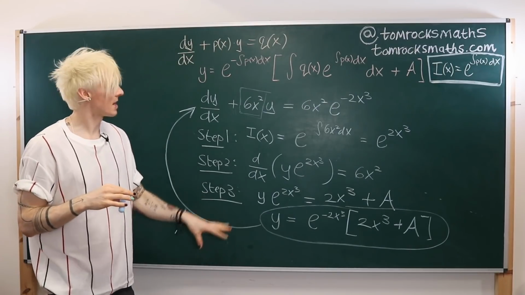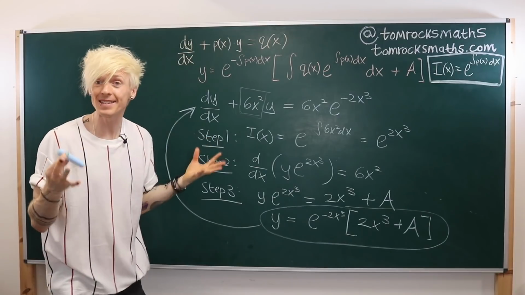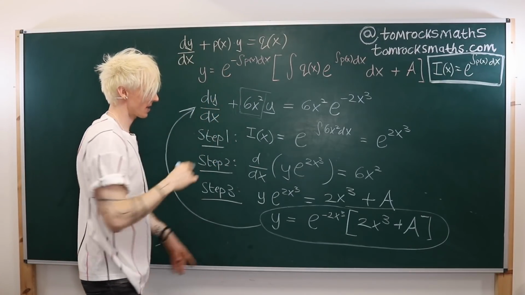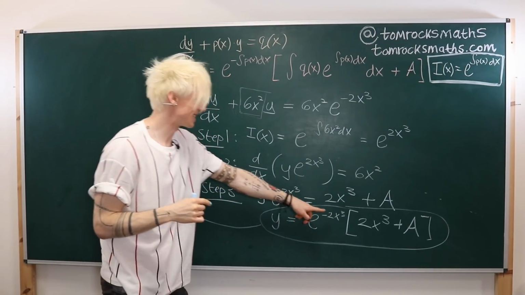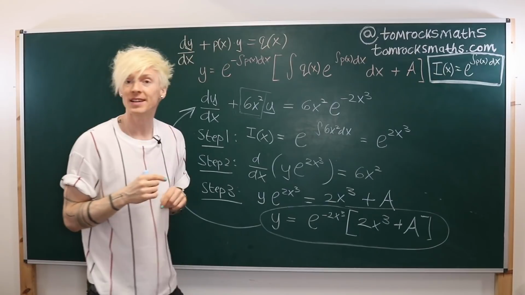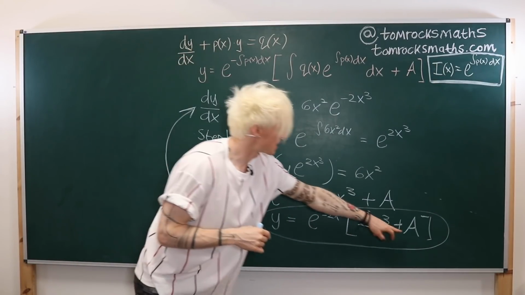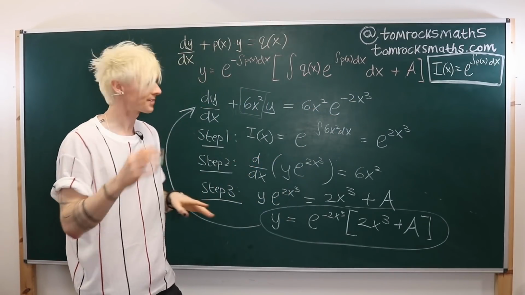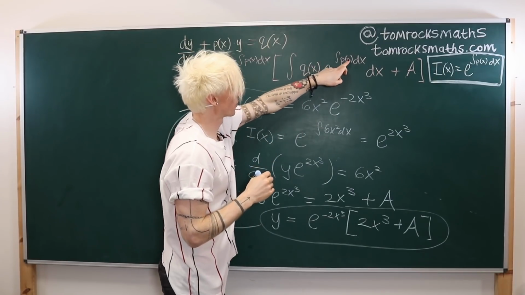Now, if we compare this to our general solution, just to make sure it all makes sense, we've got e to the minus the integral of p of x. So here, minus, we've got the 2x cubed, which is indeed the integral of 6x squared. Then we've got plus a at the end, which matches perfectly. And then this thing is e to the integral of p.